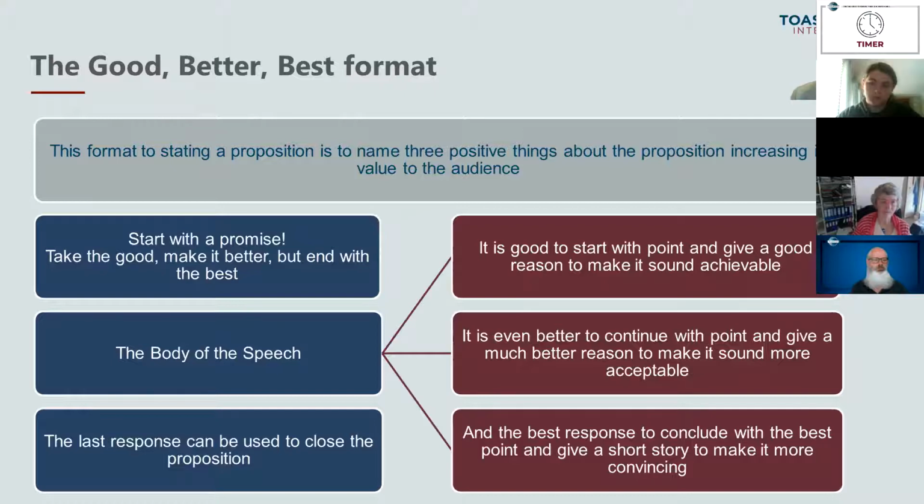Second one, you continue, but you give a more thorough method and make it more acceptable. And the third is to continue and build upon that and give a really convincing argument. And you can use that convincing argument to close your speech, to give your takeaway.